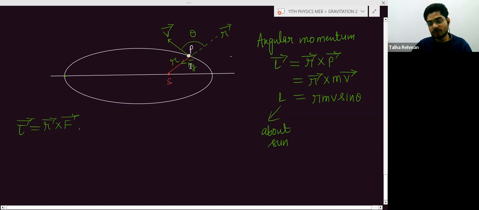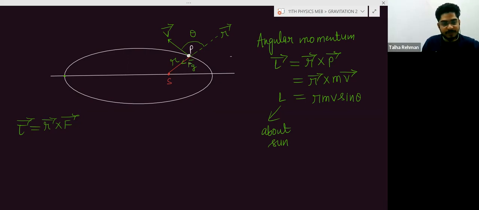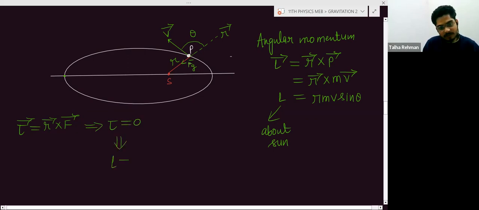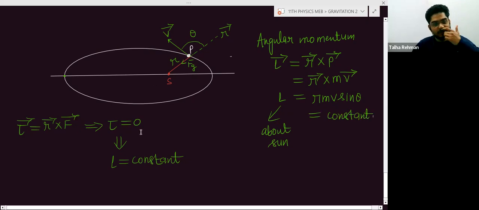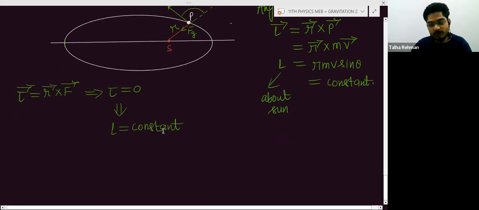So the torque due to this force will be zero. And if torque is zero, it means the angular momentum is constant. That is why I was saying that the angular momentum of the planet is constant.